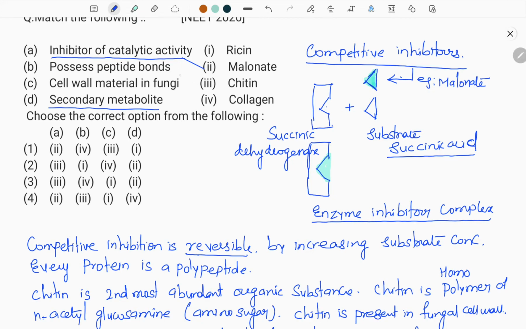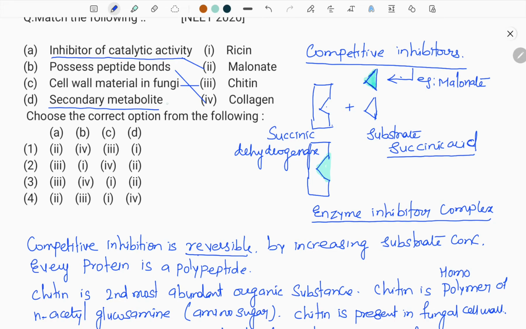Possesses peptide bond, that is collagen, because collagen is the most abundant protein in the animal world that forms the ground tissue in the animals. We know that. The most abundant protein in the biosphere is rubisco, which is present in plants, absent in animals. Cell wall material is chitin, that I told you.